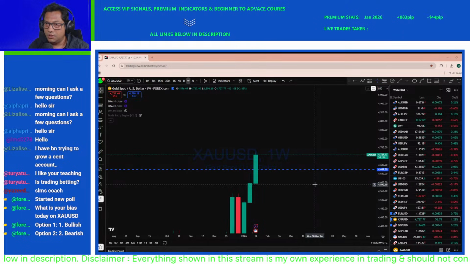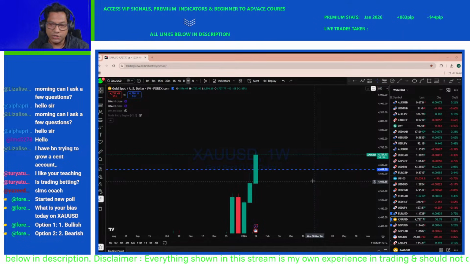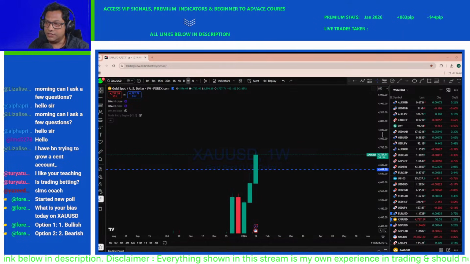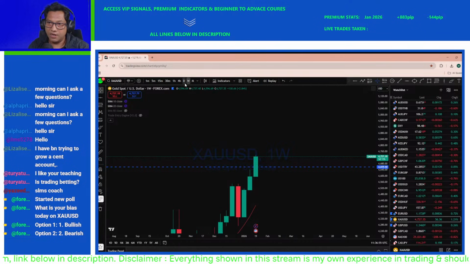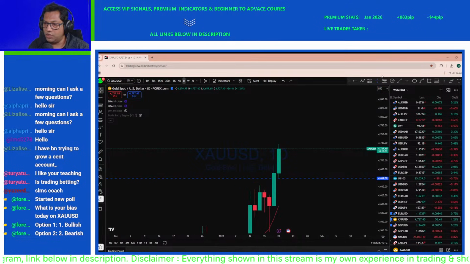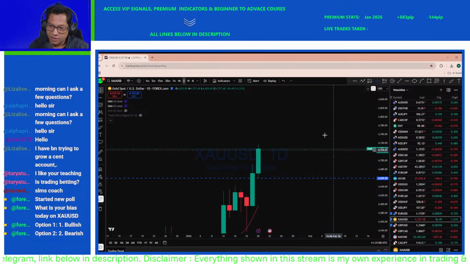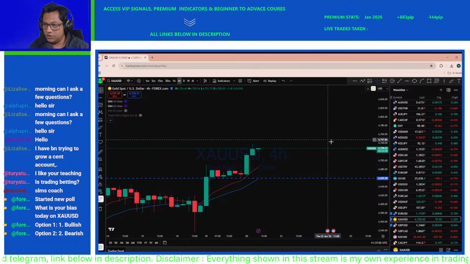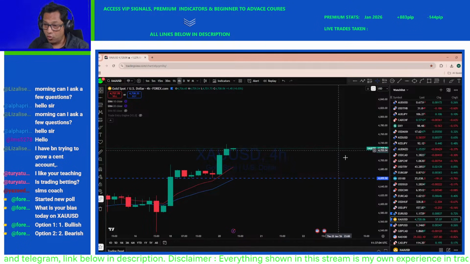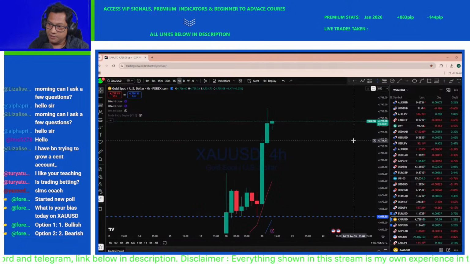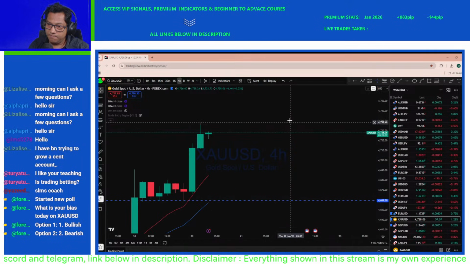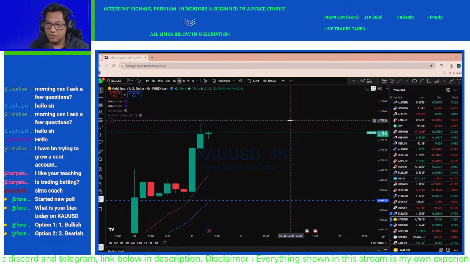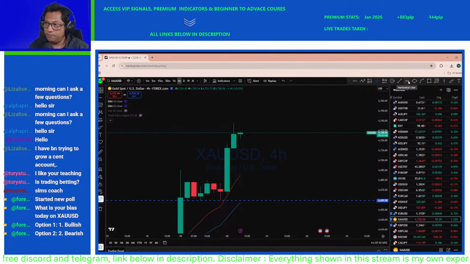Now looking at the weekly market structure, you can see it is a significantly bullish market structure. If you look at the daily also, it's a significantly bullish market structure. Now on the 4 hour, I am looking at the intraday, and there is potential.